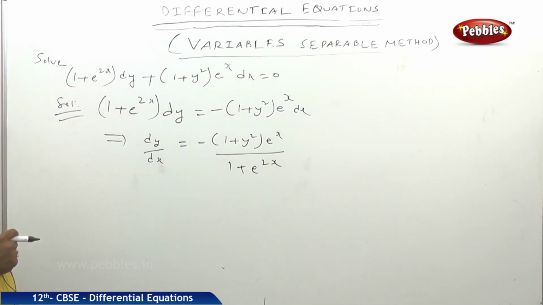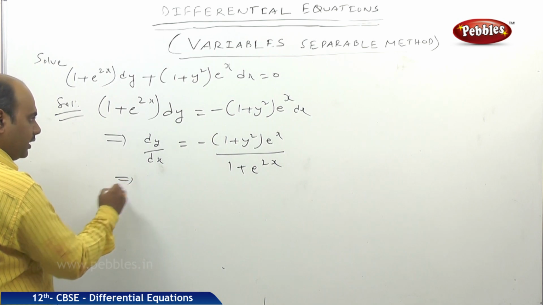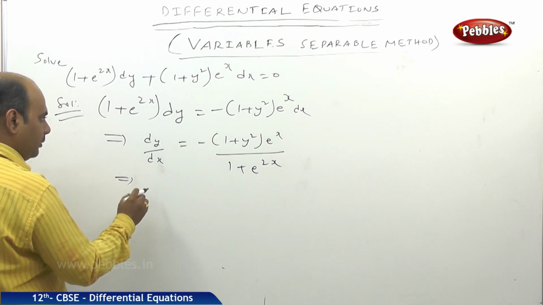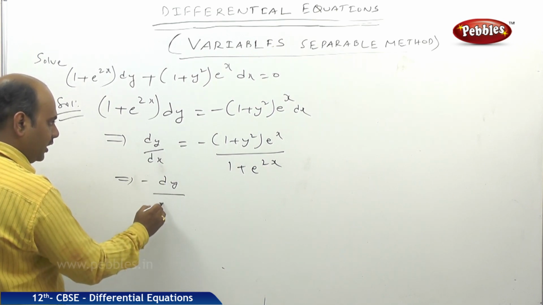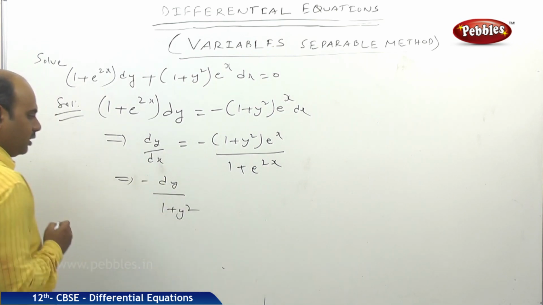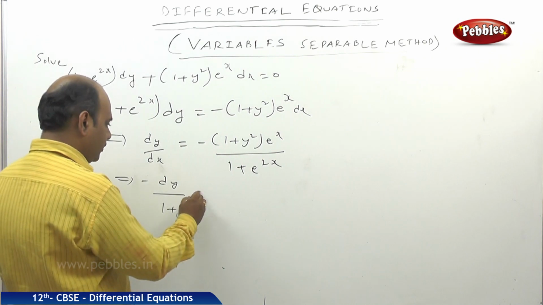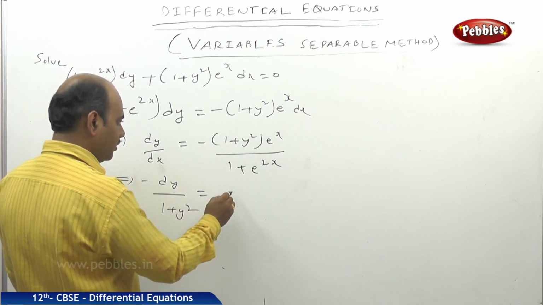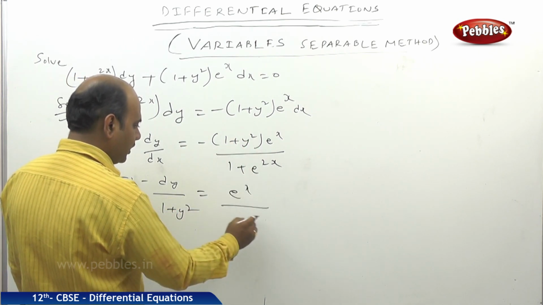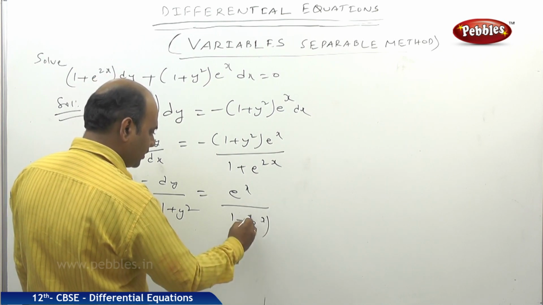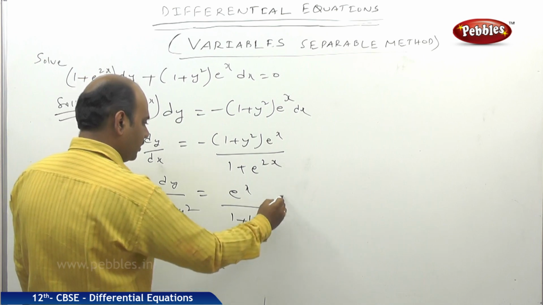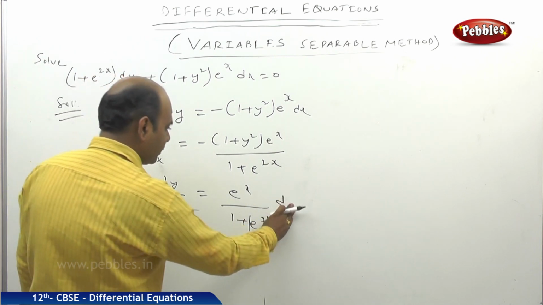Now what I will be doing means, I will be making all y terms to one side and all x terms to the other side. So finally, this minus I will shift to this side. This becomes minus dy/(1 + y²), and dx I will shift to that side. So there remains e^x/(1 + e^(2x)), which I will write as e^x/(1 + (e^x)²), and here there remains dx.